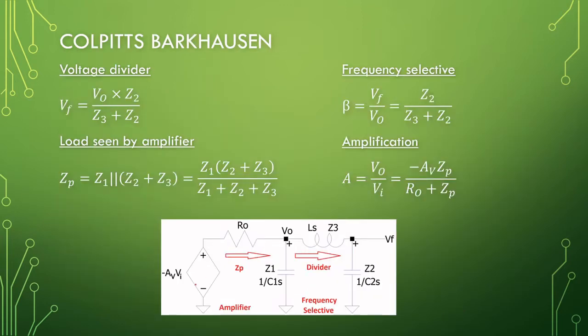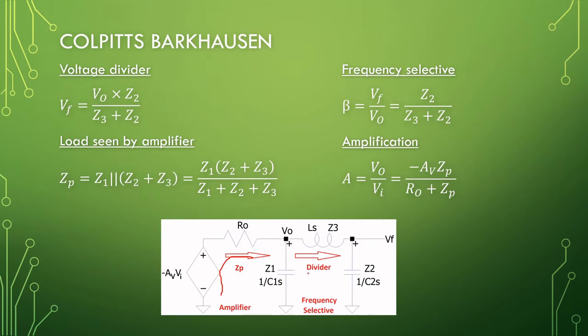So what it boils down to is we have an amplifier, and the gain is minus Av times Vin, with output impedance flowing into our tank circuit. From the amplifier's perspective, we see a voltage divider of Rout and all these impedances in parallel.